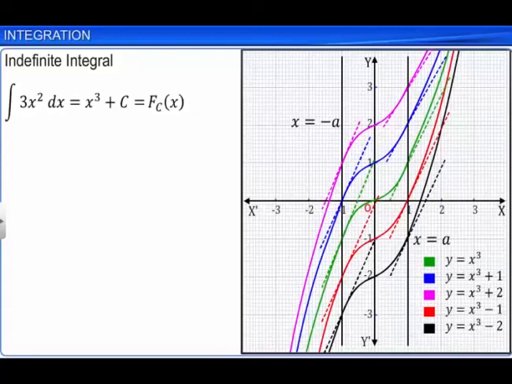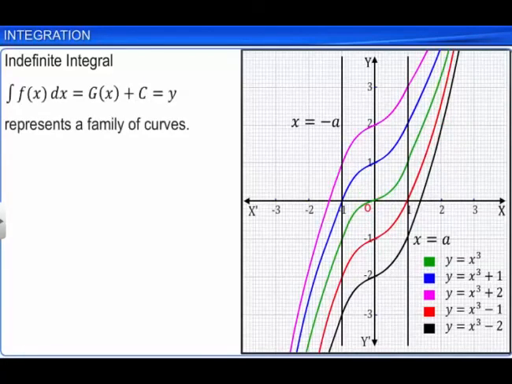Further, let integral of f of x dx is equal to g of x plus c is equal to y, represents a family of curves. Different values of c give different members of the family, and these members can be found by shifting any one of the curves parallel to itself. This is the geometrical interpretation of the indefinite integral.